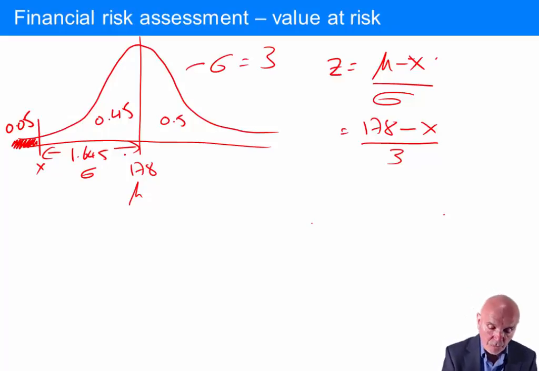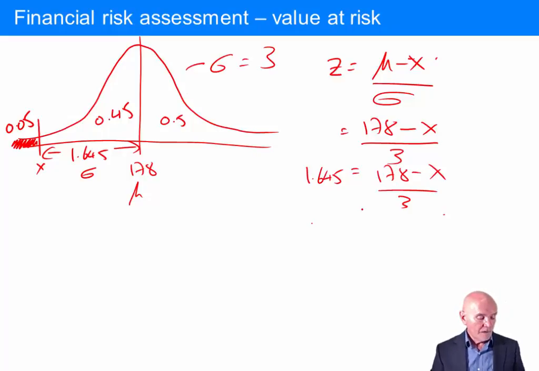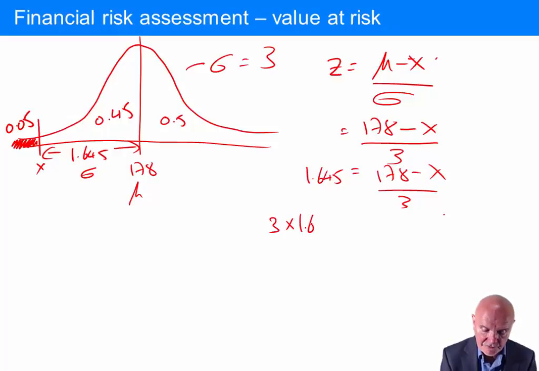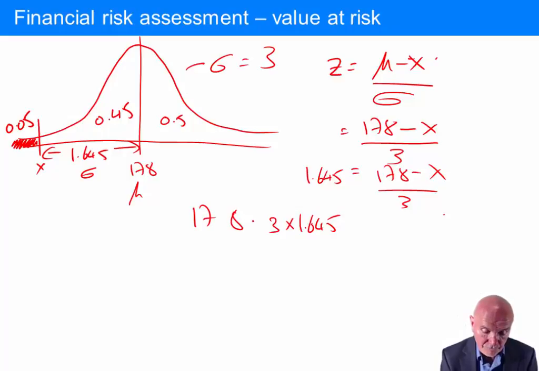So you put this in here, 1.645 is going to be 178 minus x over 3. So we turn all of this around, and we're going to have 3 times 1.645 in that. We can go 178 minus that, really is going to be this x.